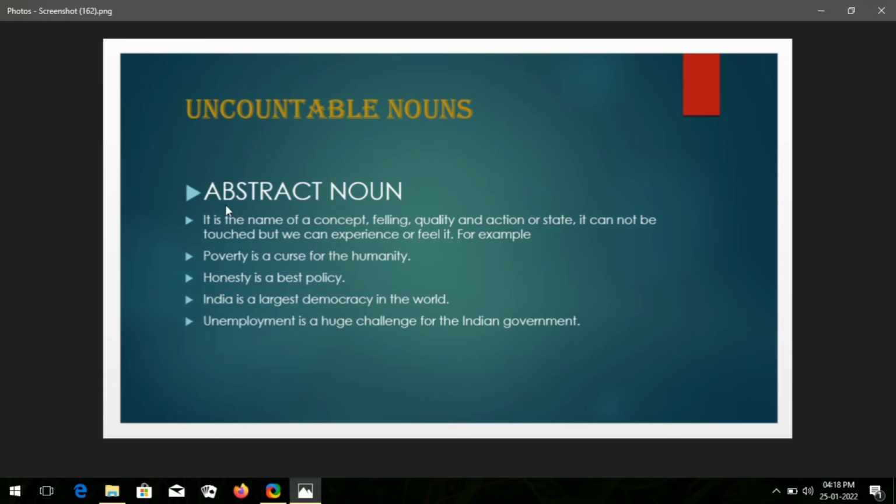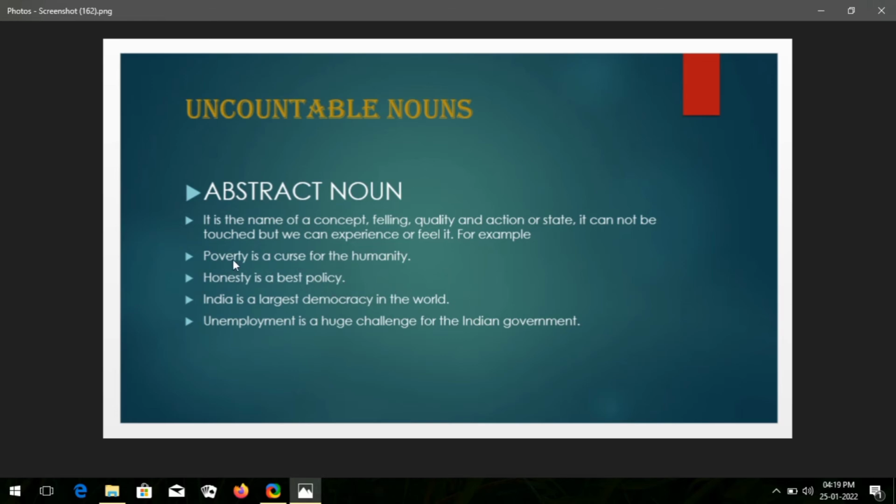The first one under this category is abstract noun. Let's go through the definition first. It is the name of a concept, feeling, quality, action or state. It cannot be touched, you can only feel it. But we can experience it, or feel it. For example, poverty is a curse for humanity.